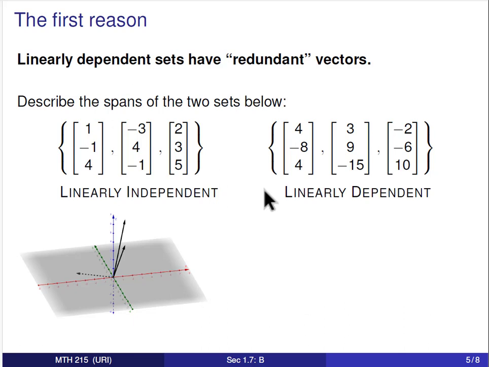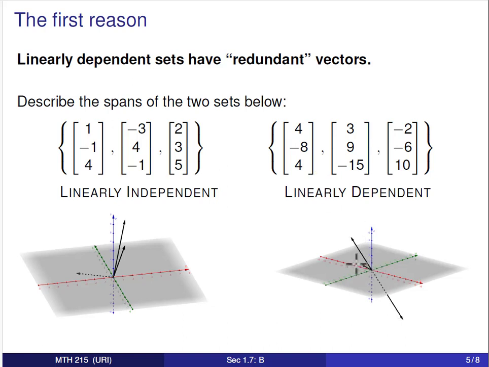Now, as we take a look at the second example, this linearly dependent set, if we were to draw these three vectors as well, we'll have things shown here. You'll notice that, for instance, (-2, -6, 10) is that long vector pointed upwards, and (3, 9, -15) is located below the xy plane, and (4, -8, 4) is kind of shortened in this perspective.